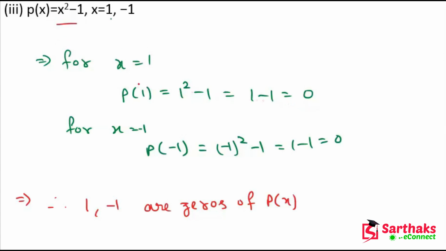Okay, so we can say that the zeros of the polynomial x square minus 1 are 1 and minus 1. Okay, so my dear friends, I hope you understand these things.